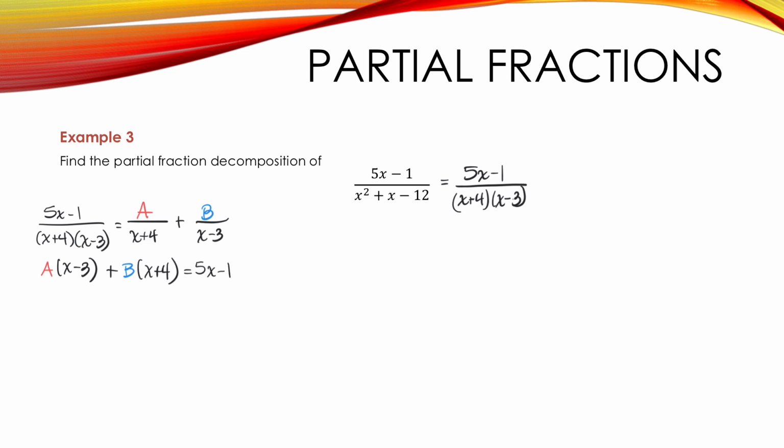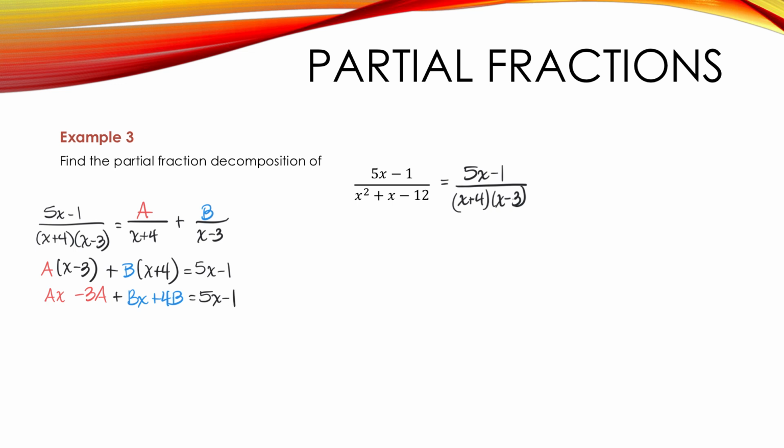And again, at this step, double check that you wrote the same signs that you already had in your problem. Just make sure they're still there. So let's continue to simplify. We have ax minus 3a plus bx plus 4b. And we know it has to equal 5x minus 1.